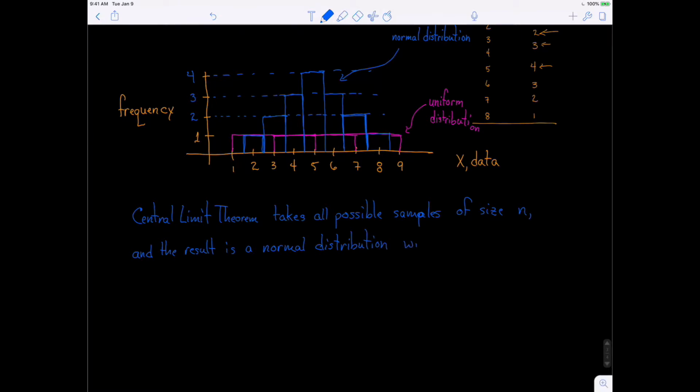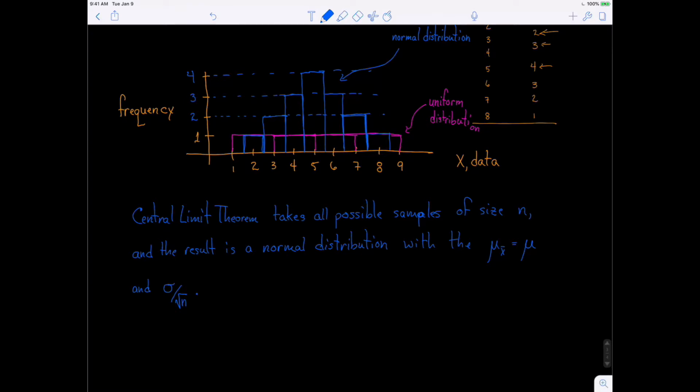with the mean of the samples equal to the original population's mean, and the standard deviation of our new one is no different than the population's, except that you divide by the square root of n.